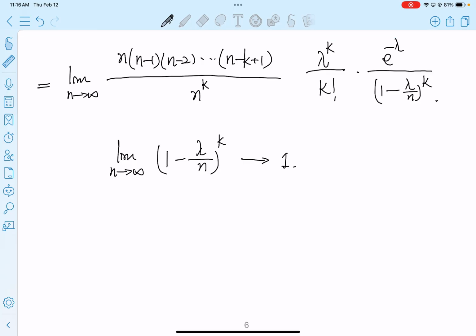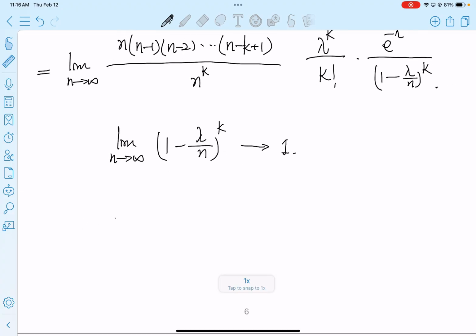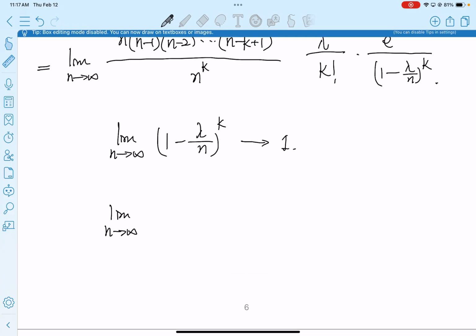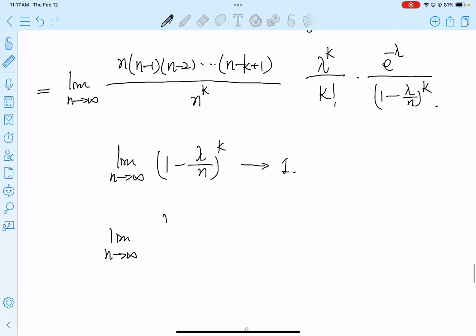Now I want to say for the limit of n going to infinity, the first term here, n minus 1 all the way to n minus k plus 1, and then n raised to the power of k, this one will also go to 1. Let me find a good intuitive way to explain this if this is not obvious.